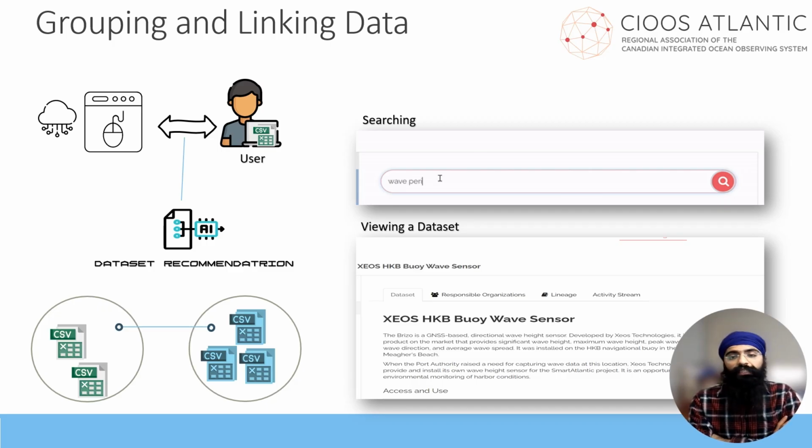We have hundreds and thousands of data sets coming from hundreds of ocean fields. Whenever researchers or users, such as a student from a different field, come and integrate with our systems, right now they need to search with terms and then search the data.